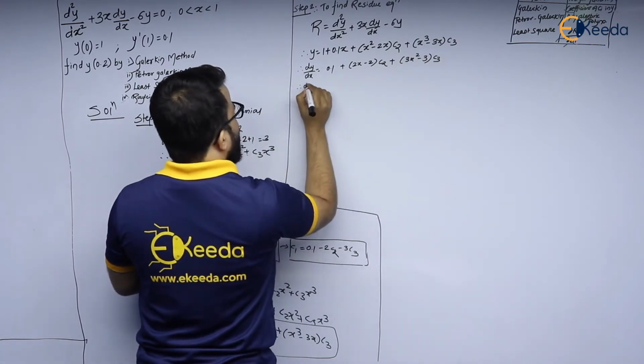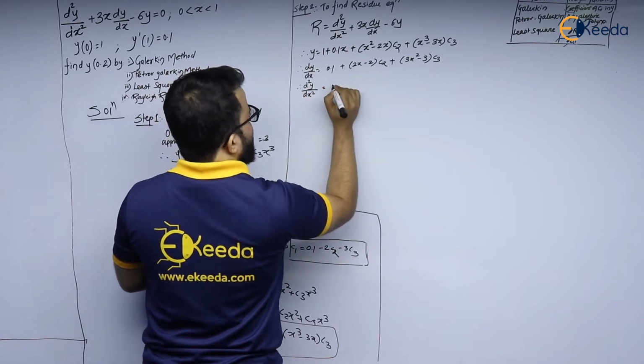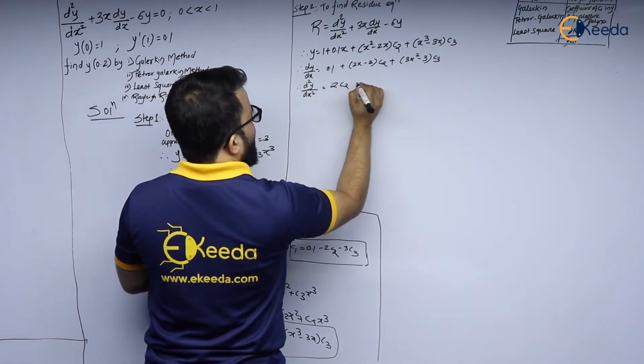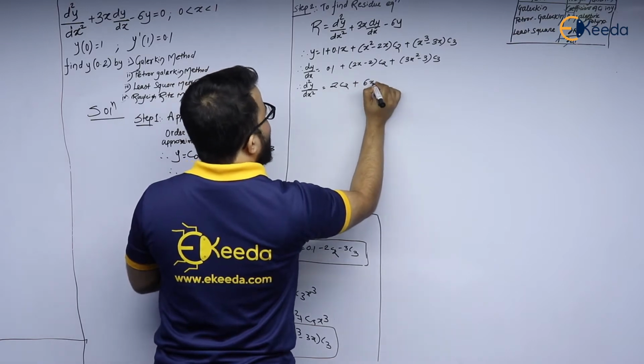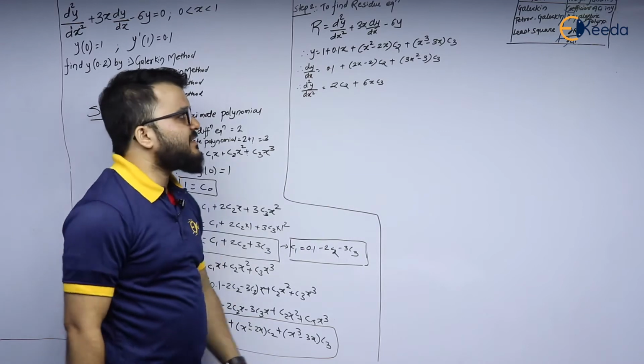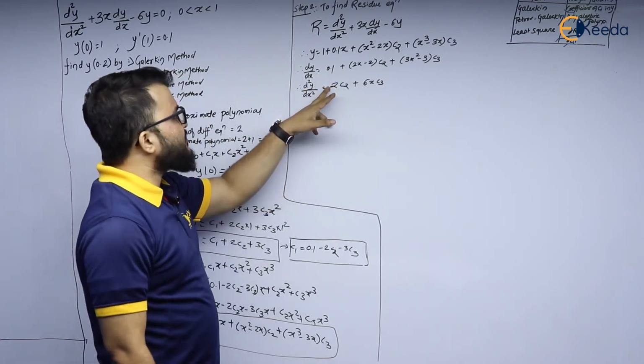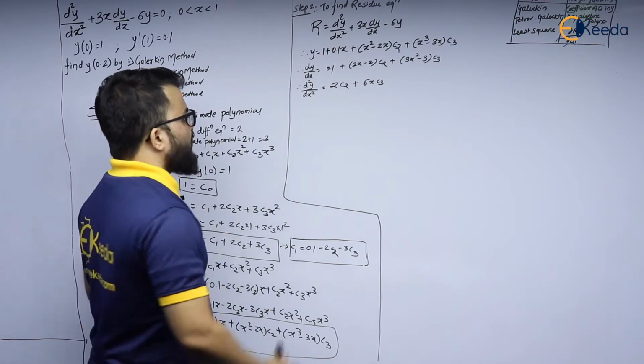The second derivative, d square y upon dx square, becomes 2c2 plus 6x c3. So this is my dy by dx and this is my d square y by dx square. Now I will put this dy by dx and d square y by dx square in the residue equation.